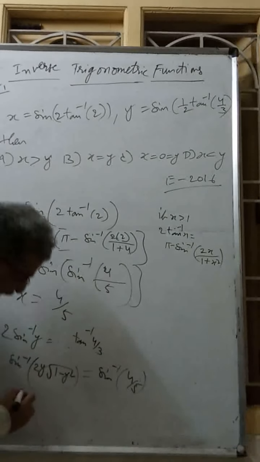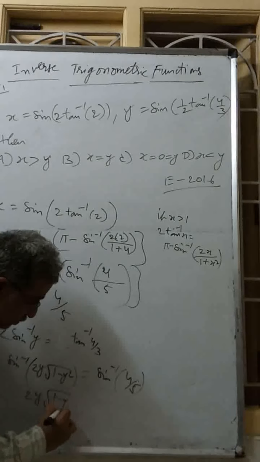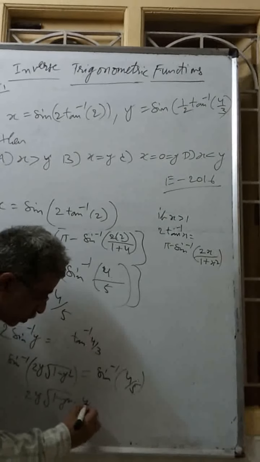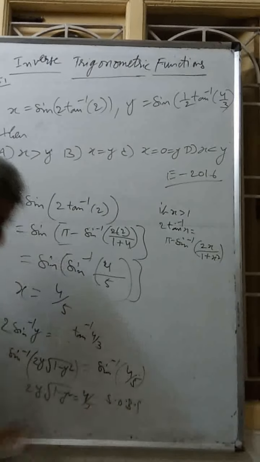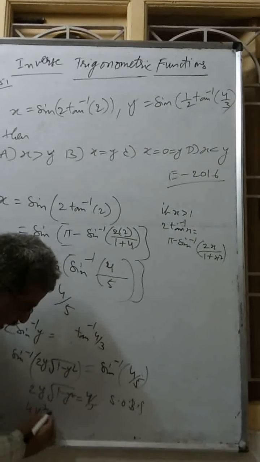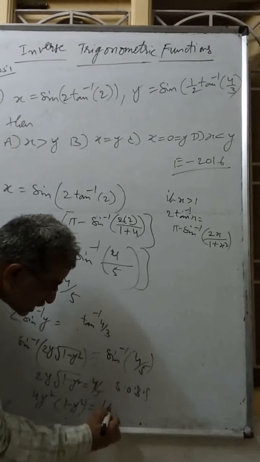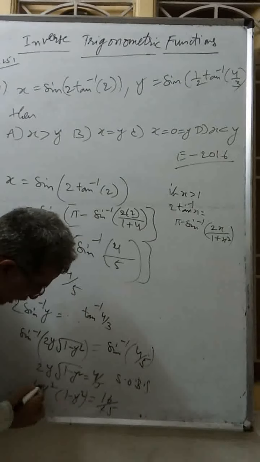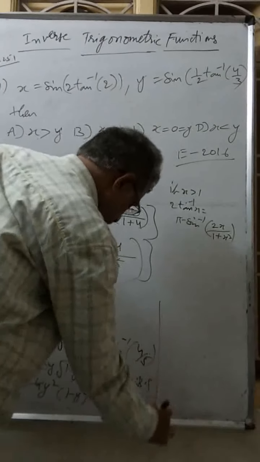So sin inverse sin cancels. 2y into root of 1 minus y square equal to 4 by 5. Squaring on both sides, so what happens? This 4y square into 1 minus y square equal to 16 by 25. If I want, I can cancel 4 here and 25 to this side.